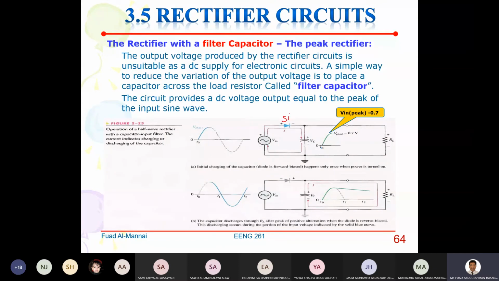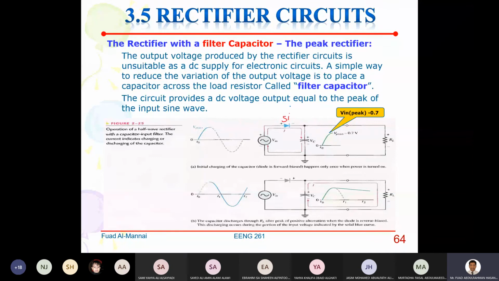Now back to the half-wave rectifier. We're going to improve the output, first for the half-wave rectifier, and then for the full-wave rectifier.